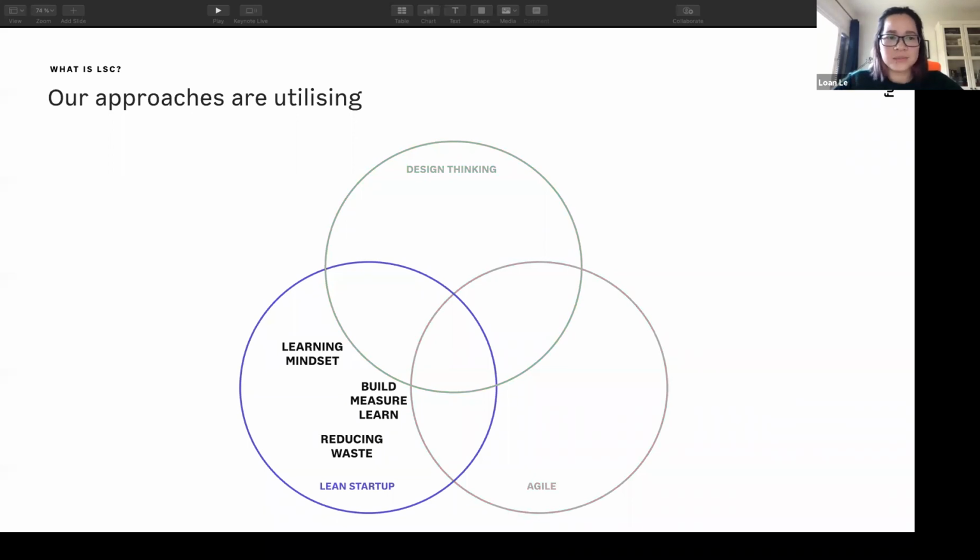Lean startup is a business development method that applies lean ways of thinking to the innovation process. The word lean was first introduced by Toyota to describe lean manufacturing production. It describes a process that focuses on improving flow efficiency and eliminating waste in effort.